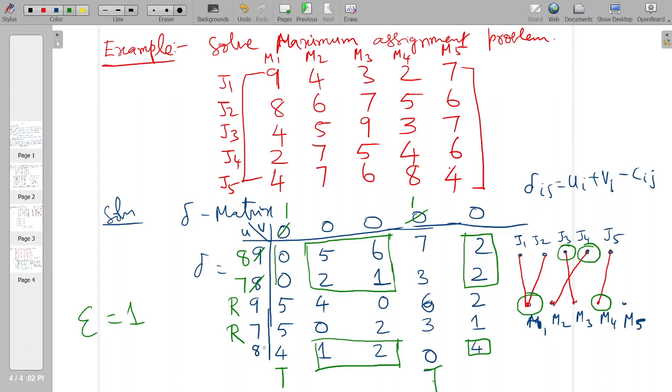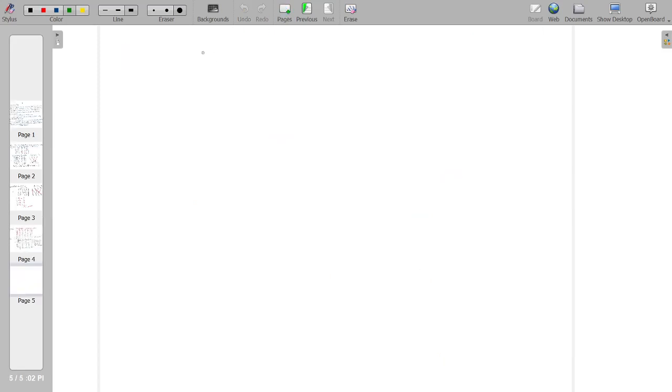Oh, this should also be 7, because this is not in R. So my updated values of U would be 8 7 9 7 7, and the updated values of V would be 1 0 0 1 0, and I will be moving to the second iteration.